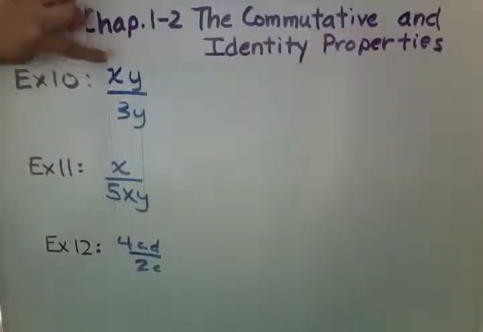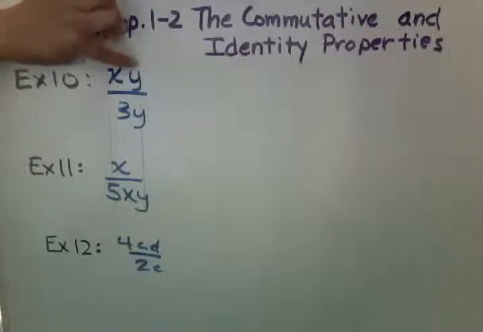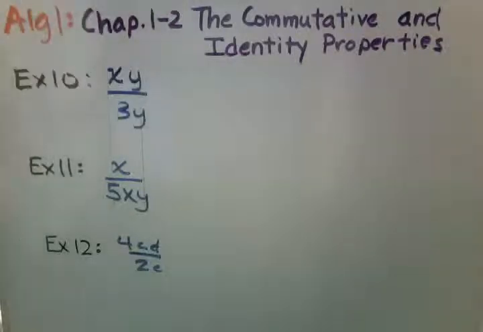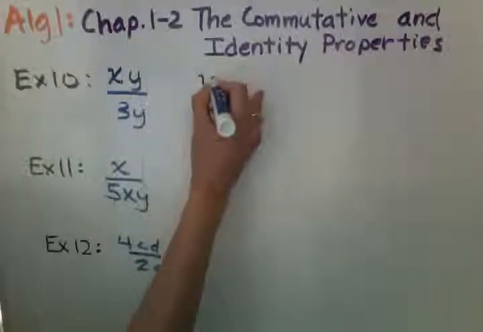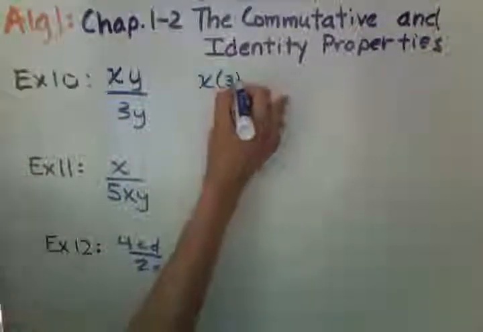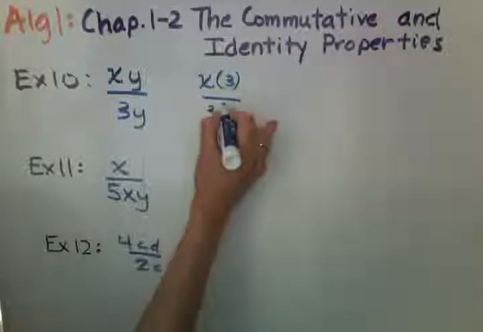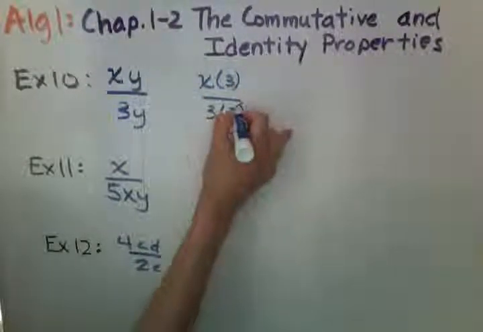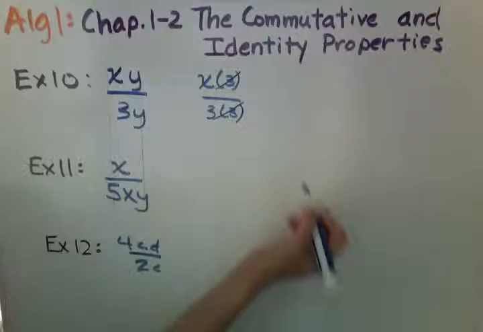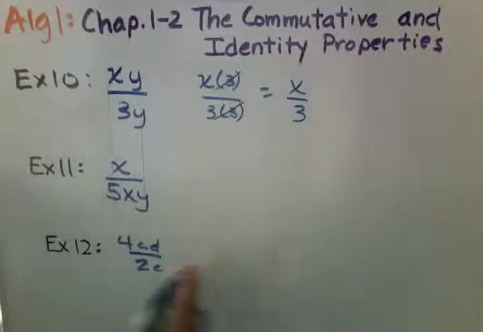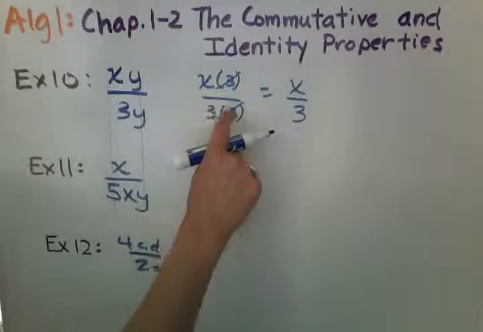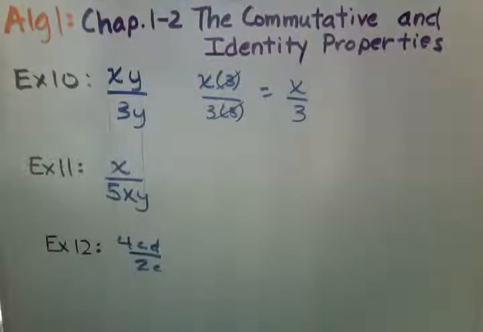for x cannot be the same value for y, but these two values are the same because they are both y. So for example, if we said y is equal to 3, we notice that these cancel out and you're left with x over 3. 3 divided by 3 is 1, so they cancel out and you're left with x over 3.